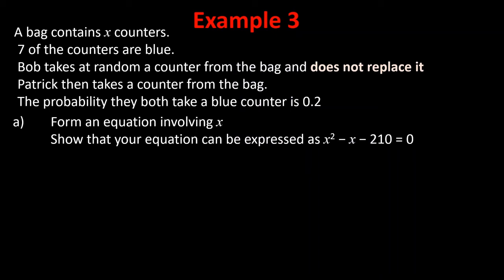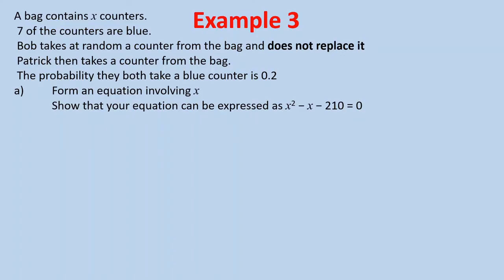And again, I love these questions because if you get your answer to that format, you know it's right. Also, for part B, we need to calculate the value of x. And if you weren't able to solve part A, you still have that equation that you can use to solve to get the marks for part B. But let's give part A a go.